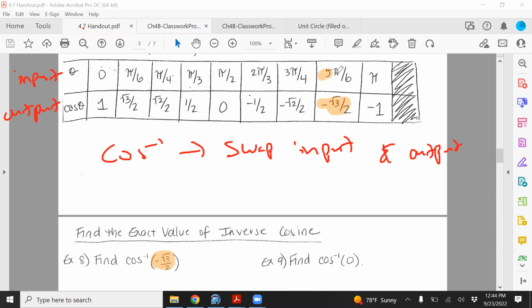And 0, I see where. So the answer here is 5 pi over 6 or 150 degrees. And that's going to be pi over 2 or 90 degrees. We'll always be working with the same values that we have right there, the same thing as the unit circle too.